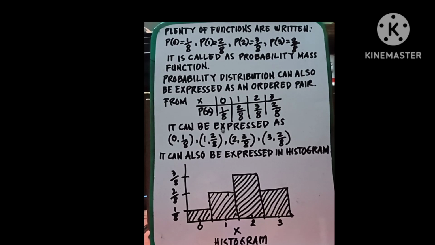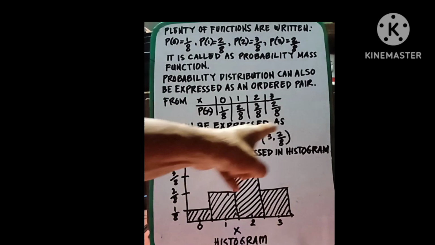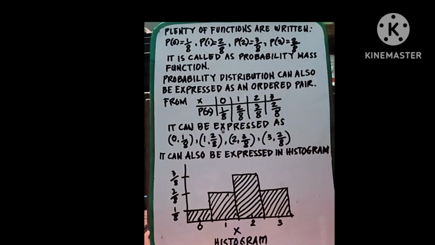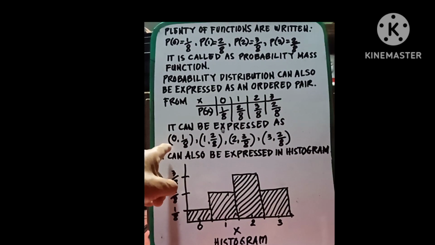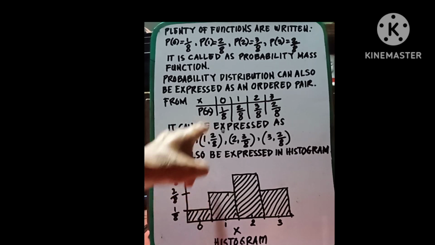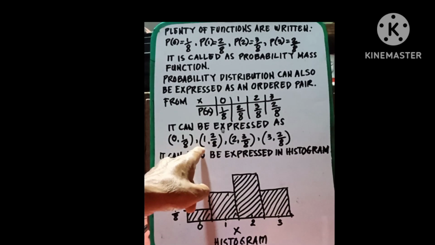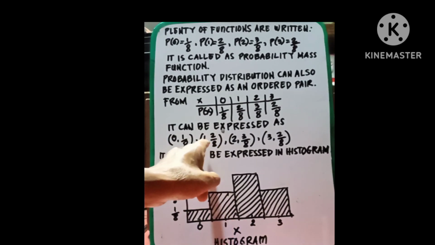Also, another way we can express the probability distribution is as ordered pairs. For x equal to 0, P of x equals 1/8.